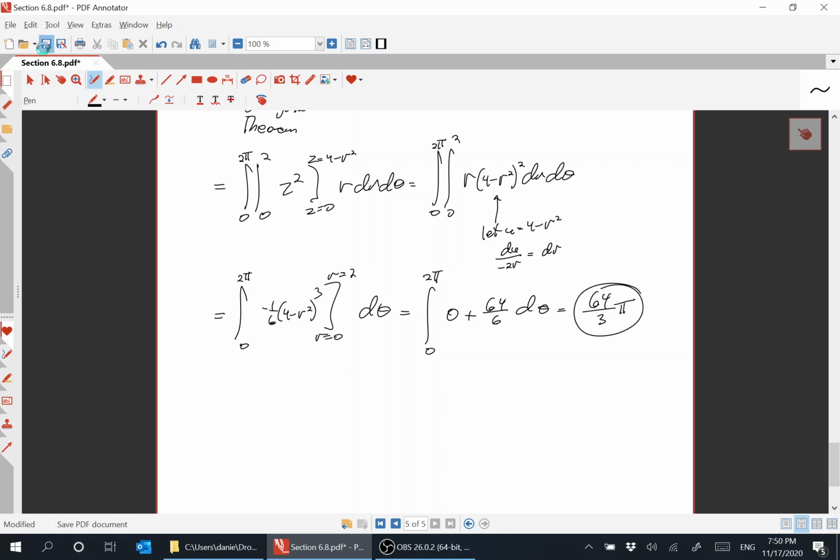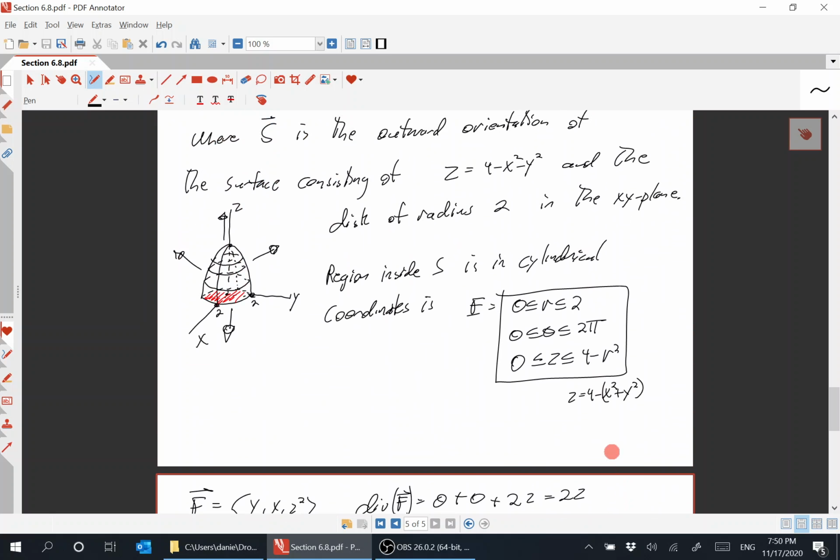Okay? So another nice example of the divergence theorem. Now we could actually calculate this surface integral directly, by parameterizing the paraboloid and the disk and calculating the vector flux across each surface separately: across the paraboloid from bottom to top, and across the disk in the downward direction.